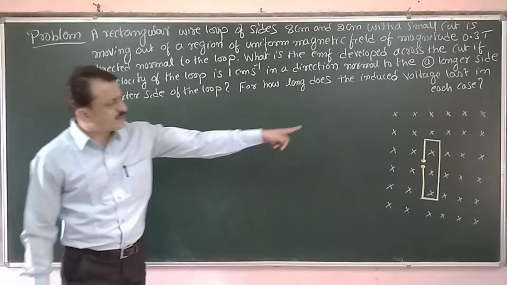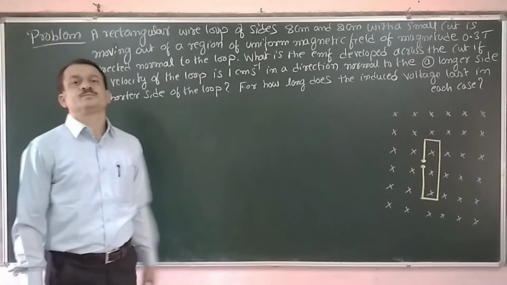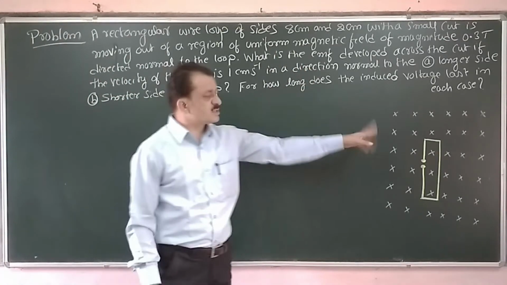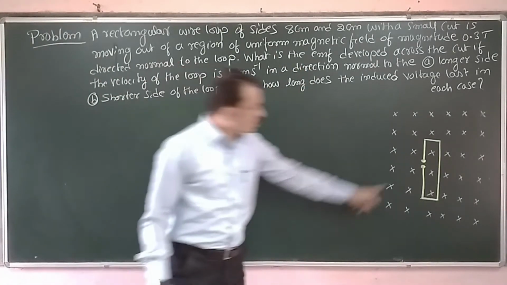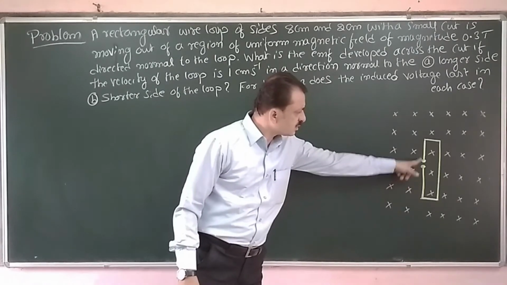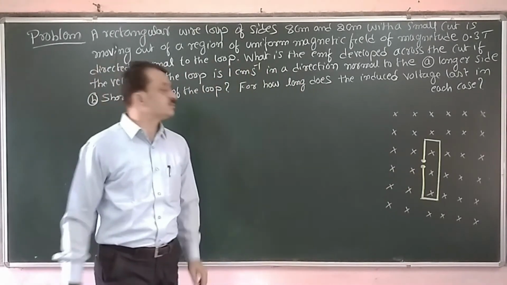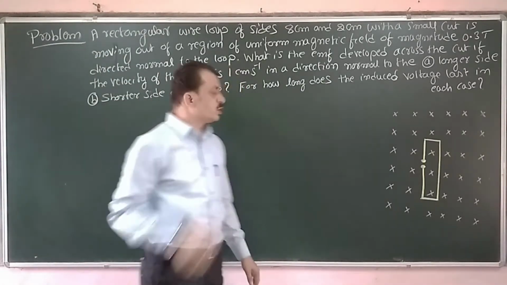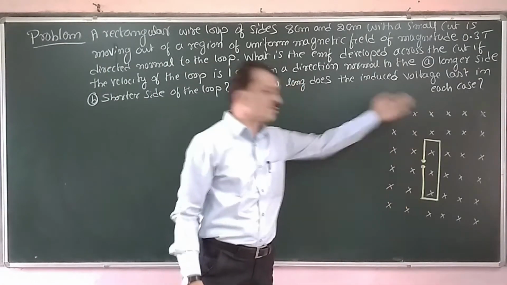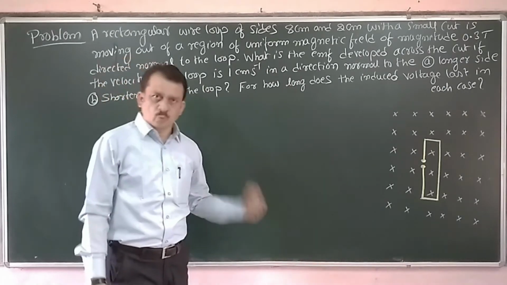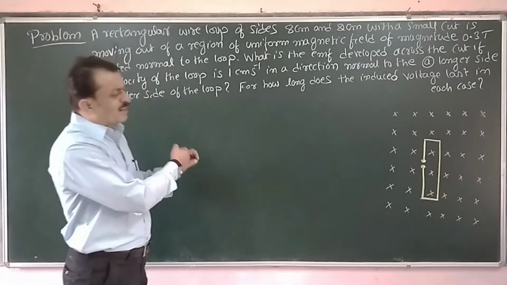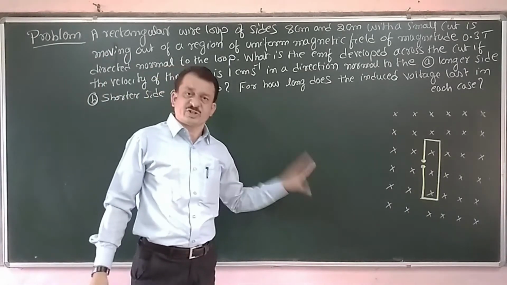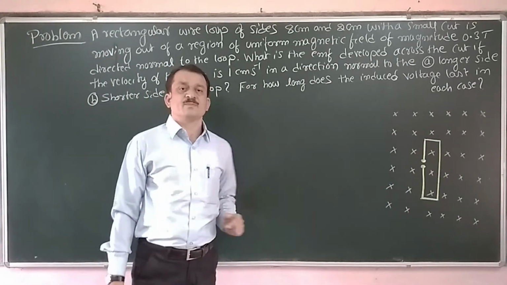Now here we have a rectangular loop. Look at the diagram. Length is 8 centimeter and breadth is 2 centimeter. Now it has a small cut along the length. Now the magnetic field is into the plane of the board, that is perpendicular to the plane of that rectangular loop. Now that rectangular loop is taken away from this uniform magnetic field region in two ways.